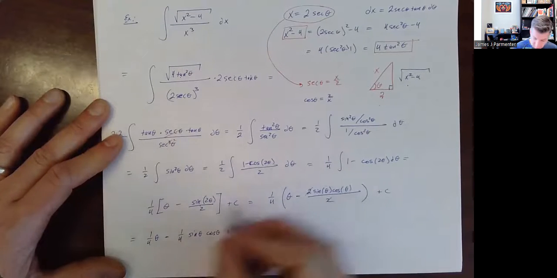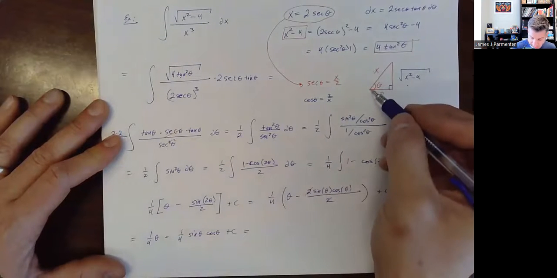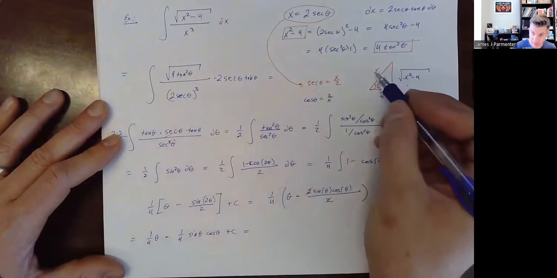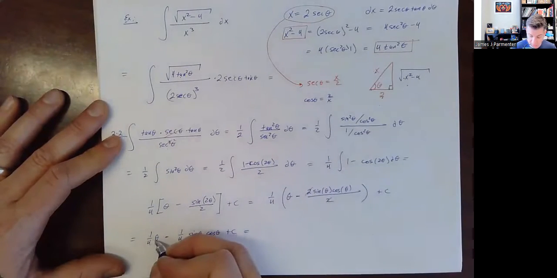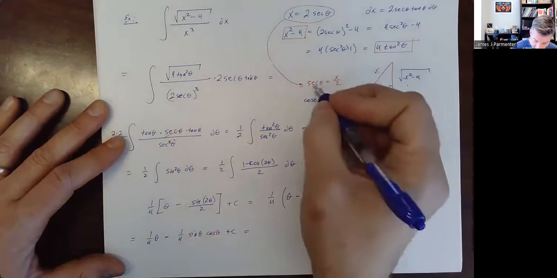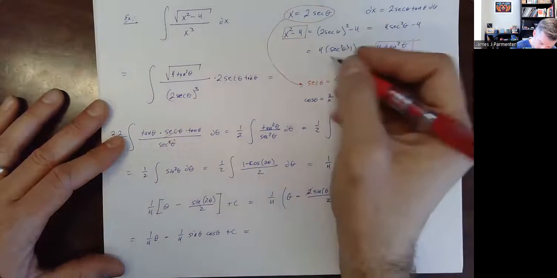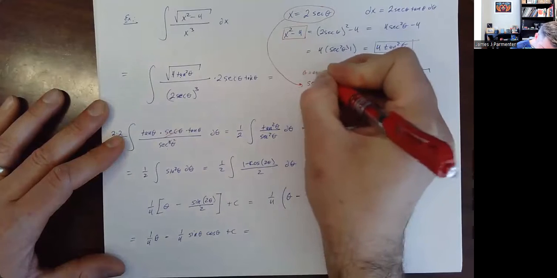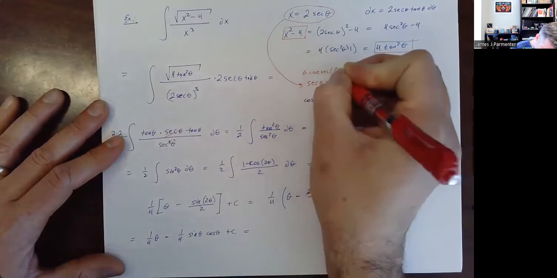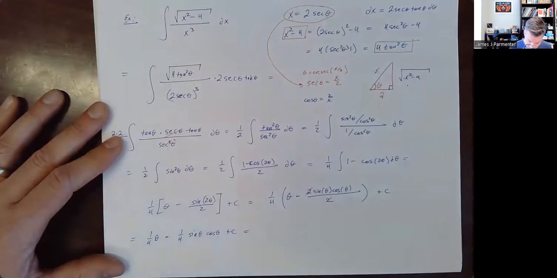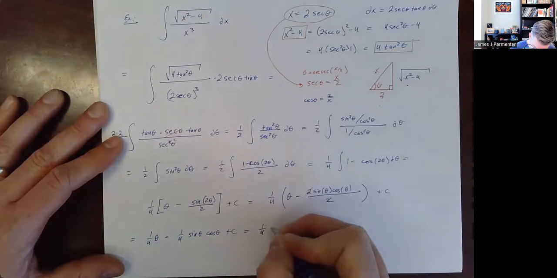But then looking at my triangle, sine of theta is opposite over hypotenuse. I should say, first of all, theta itself, I shouldn't use this thing I've written here. I should just say that theta is equal to the arc secant of x over 2. So I'm going to be getting 1/4 times the arc secant, or if you prefer inverse secant, that's totally fine.